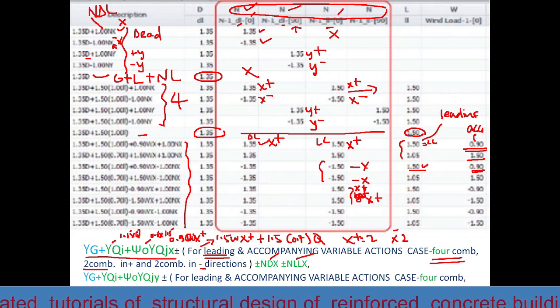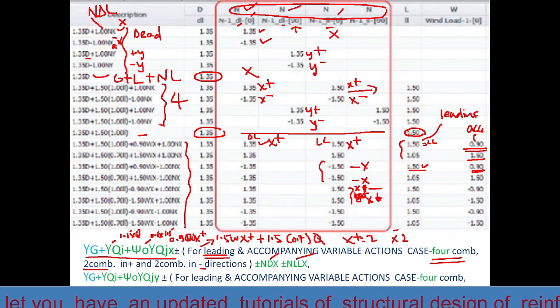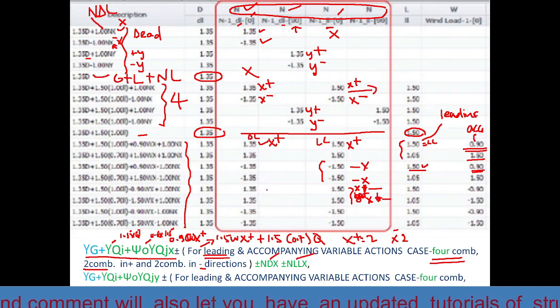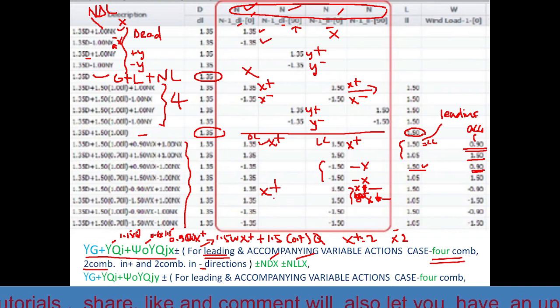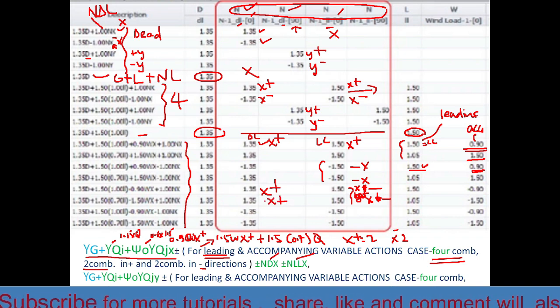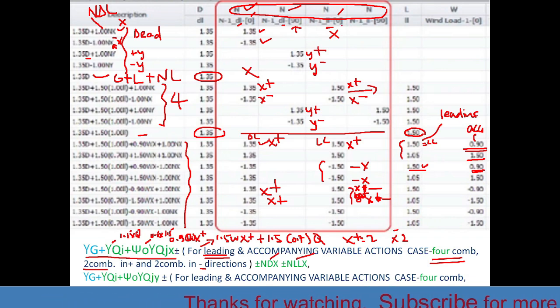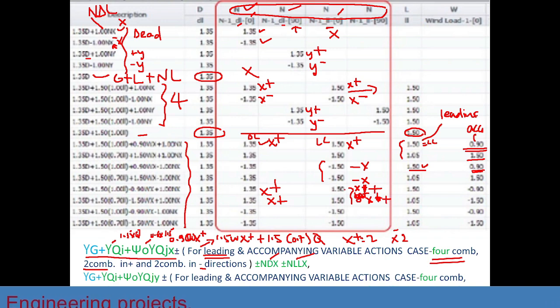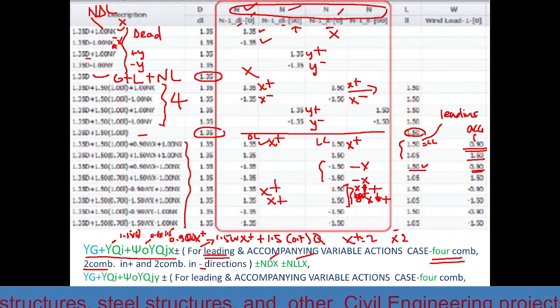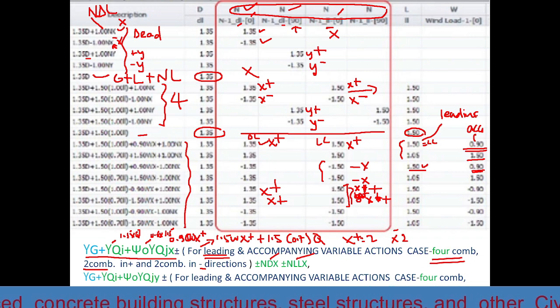Okay. This is in x minus direction, and this one is in x positive direction. That is, this is 0 degree, and this is the live load for x positive direction. This is the live load for x positive direction.